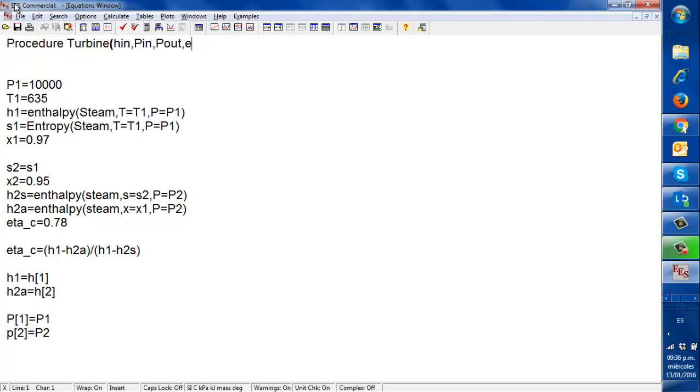And I will tell the efficiency, okay? And then I will have 2 outputs. I will have the enthalpy out, actual, and I will have the net work, the work of the turbine, sorry.